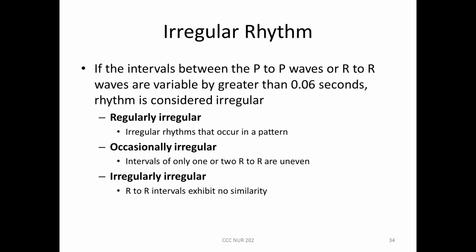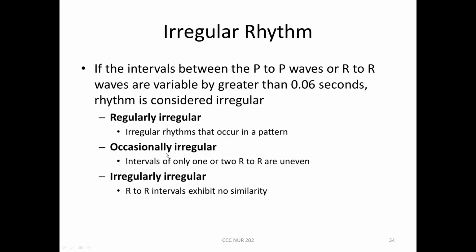So you might have several irregular rhythms, but it's regularly done throughout your strip. So that means they're irregular, but the irregularity is a pattern that tends to go over and over. That's the best way I know how to put that.